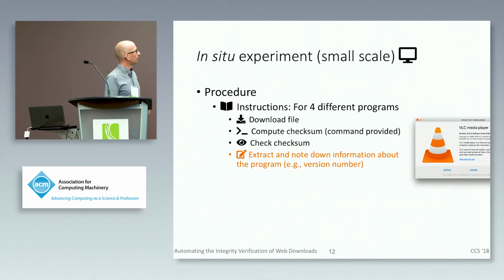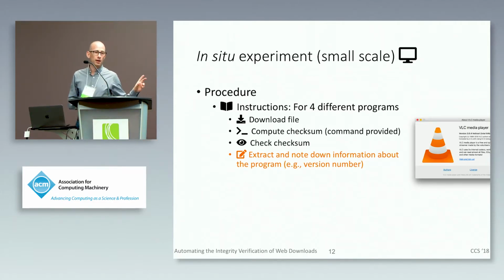As for the instructions, what we asked the participants to do for 4 different software, Handbrake, VLC, Transmission, and Android Studio, was to download the file, to compute the checksum by using the terminal window, by typing a command that we provided them with in the instructions, then to check the checksum, and some useless instructions at the end, to extract and note down some information about the program, typically the version number or some information that could be found in the about box.